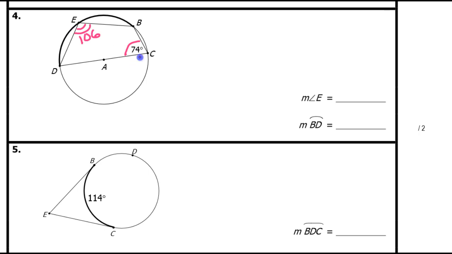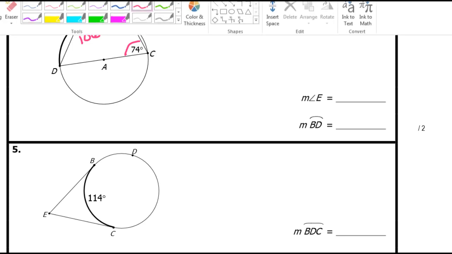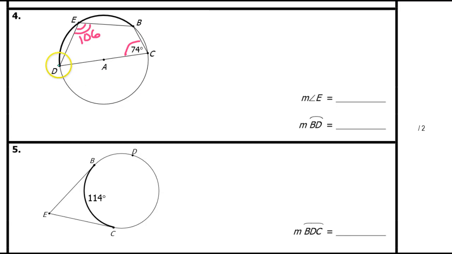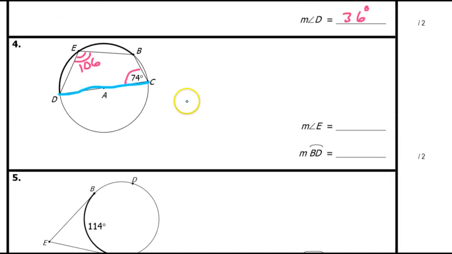Now, other information that we have. Let's do the semicircle thing. Here's a diameter. That means we have a semicircle up here. Okay, now this is an inscribed angle, right?